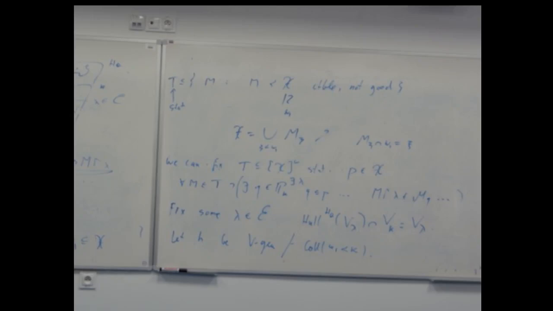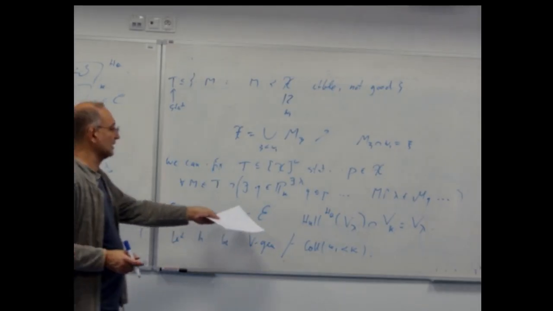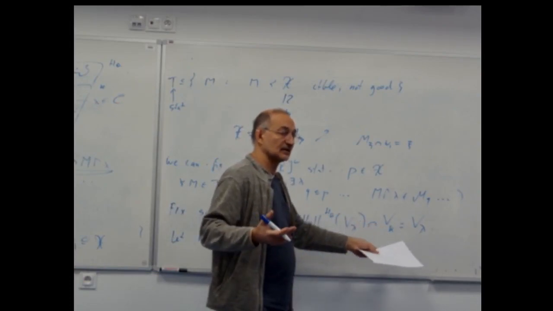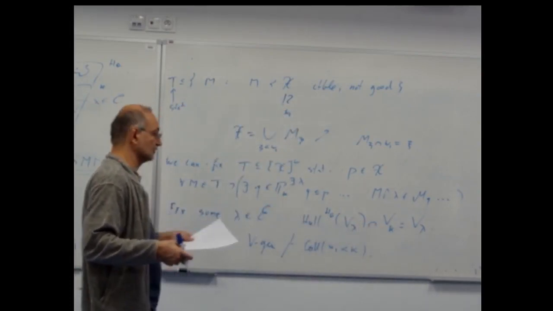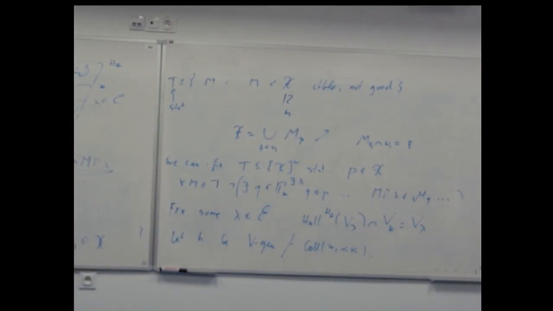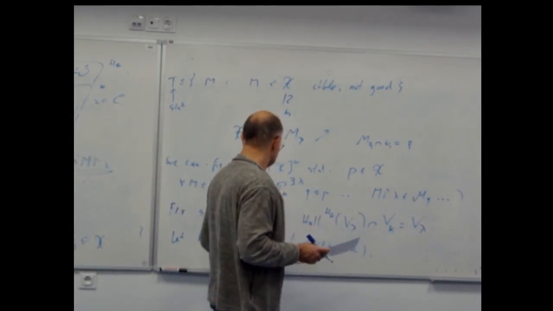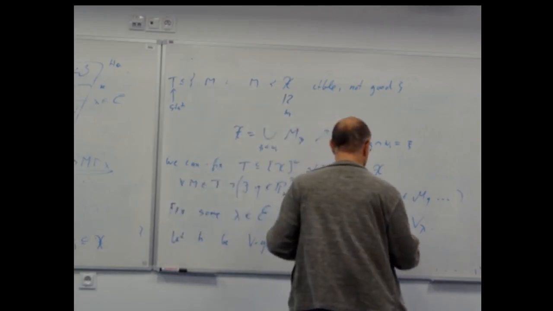We have fixed this lambda, and P lambda is a small poset. It has been collapsed, and there are countably many dense sets in it, so we can find the generic for P lambda in this model V of H.